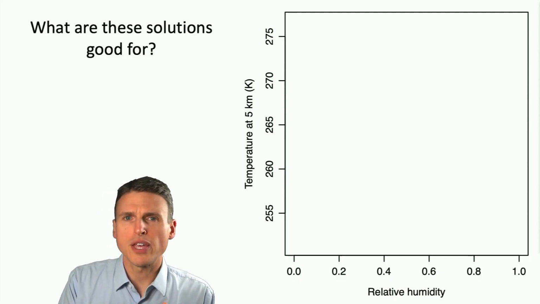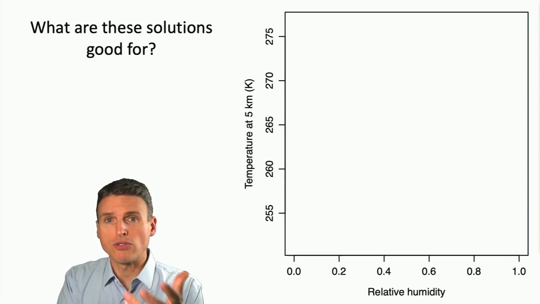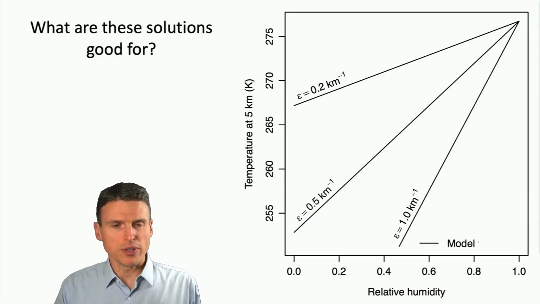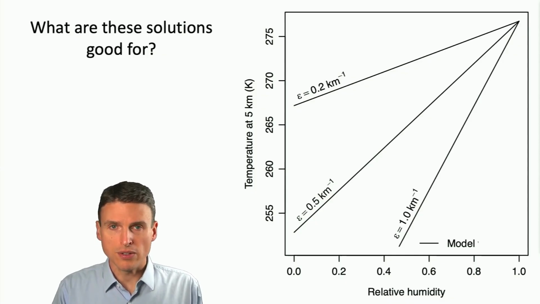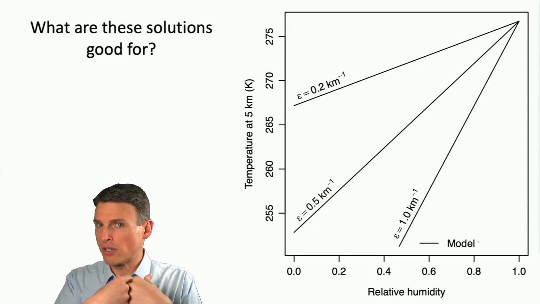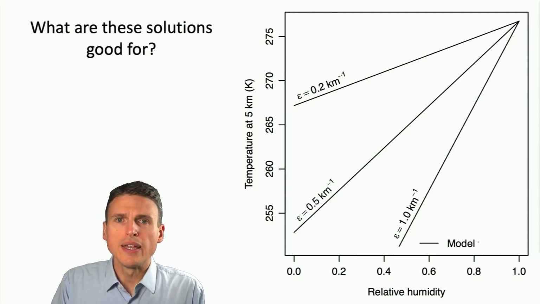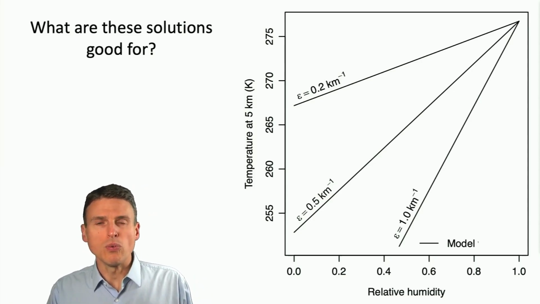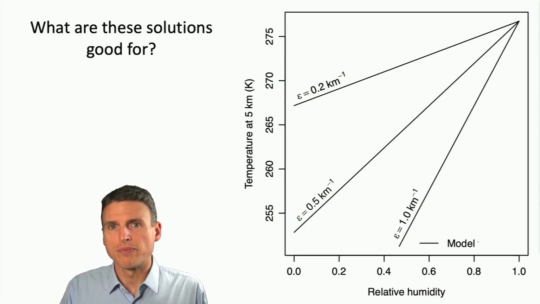So what does the model say about the relationship between those two things? Well, it depends on the entrainment rate that you choose, but you get relationships that look like this. Here I'm showing curves for 3 different entrainment rates. This is the model prediction. These are coming out of the analytic expressions. So we see that as the relative humidity goes down, we would expect a cooler temperature at 5 kilometers.